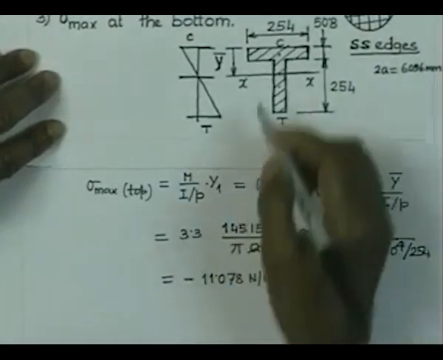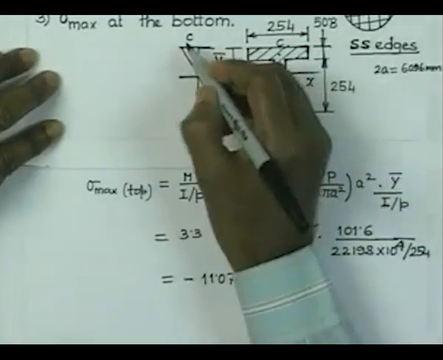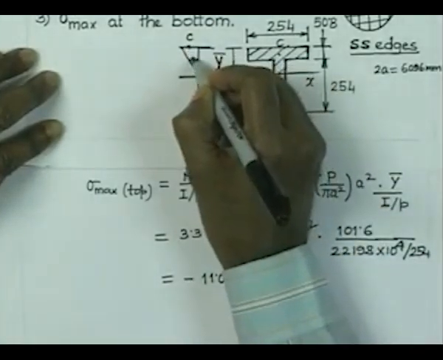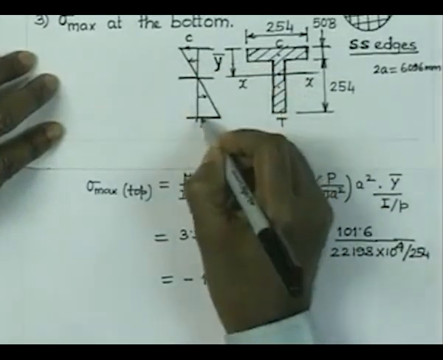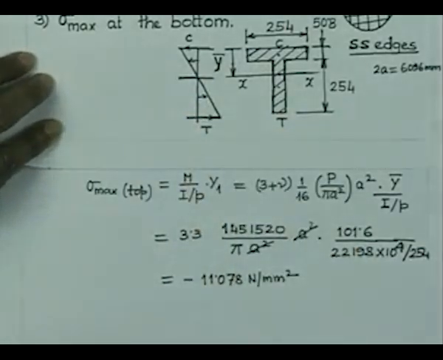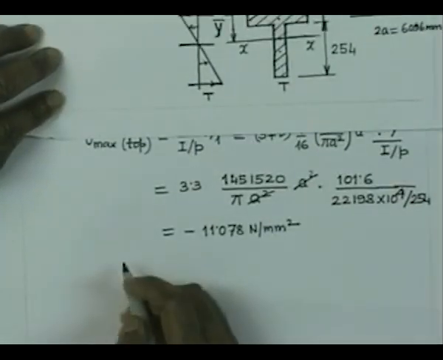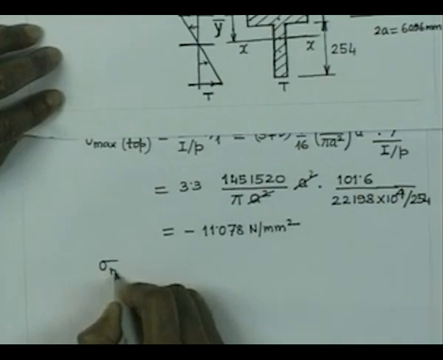If the stress at the top fiber is this, there is a linear variation. So, you have linear variation of stress from the top to the bottom in the case of simple bending, and therefore, you can calculate the stress at the bottom fiber.